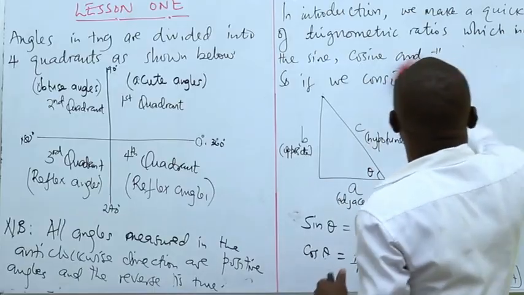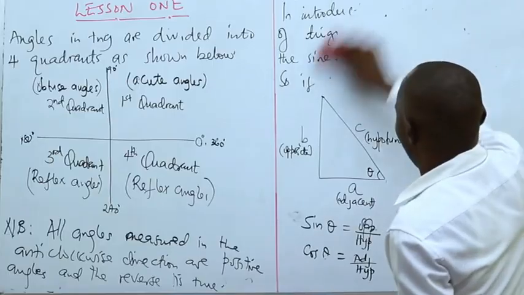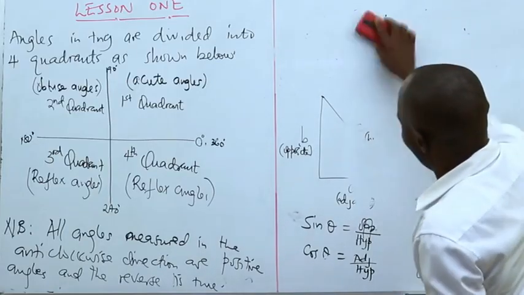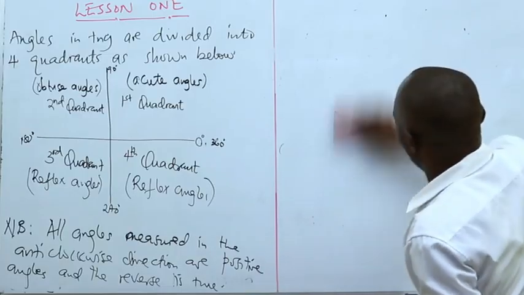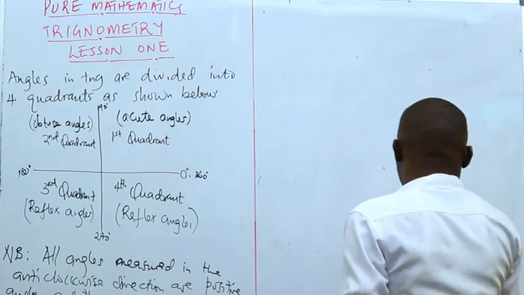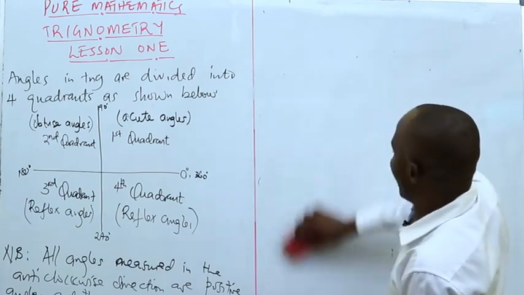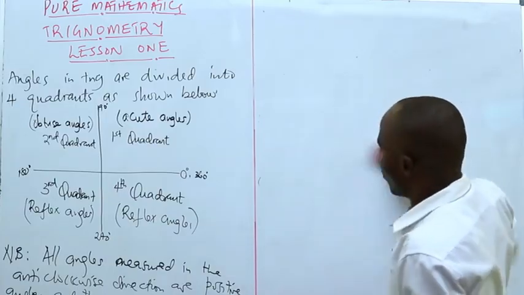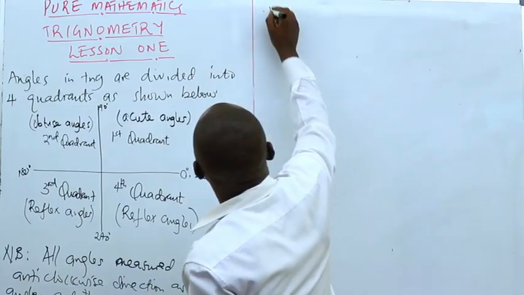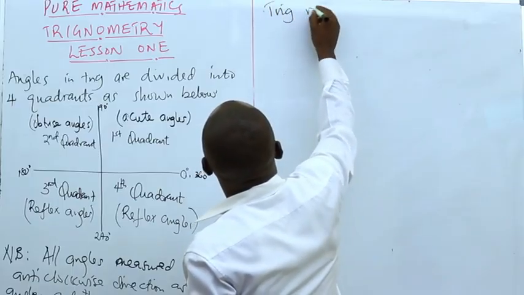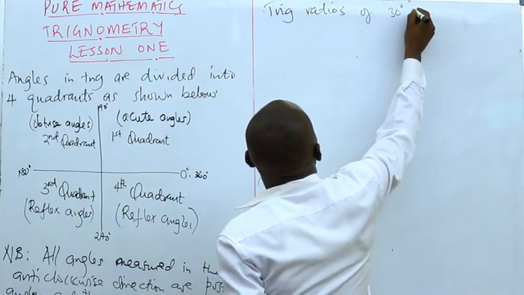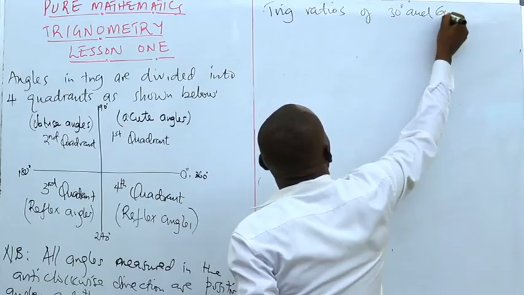So, having known that, we cannot fail to move forward and speak about the critical issues. Because we are dealing with angles, we cannot fail to talk about what entails those angles. Let's go straight and talk about the trig ratios of 30 degrees and 60 degrees.